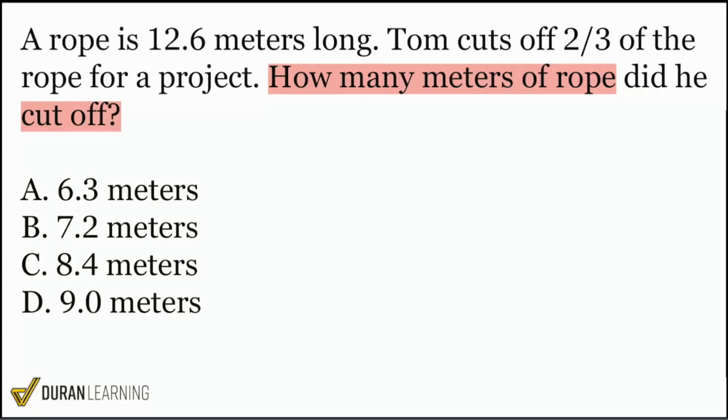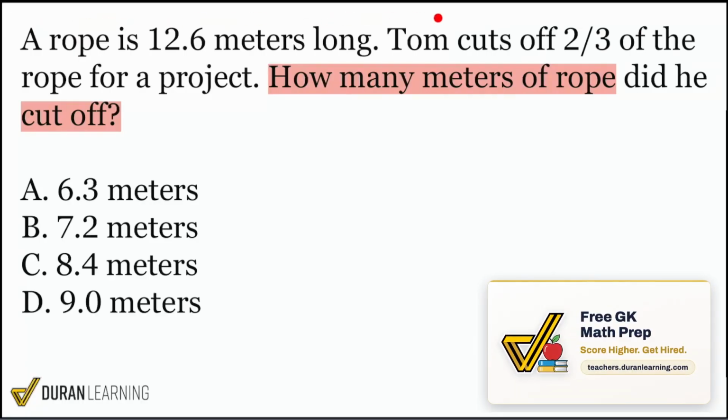That's where I believe some of the confusion comes in, because it says cut off, and the phrasing says a rope is this long, and Tom cut off this much of the rope for a project. So we might be thinking, oh, we're subtracting, but actually, this is a multiplication problem.